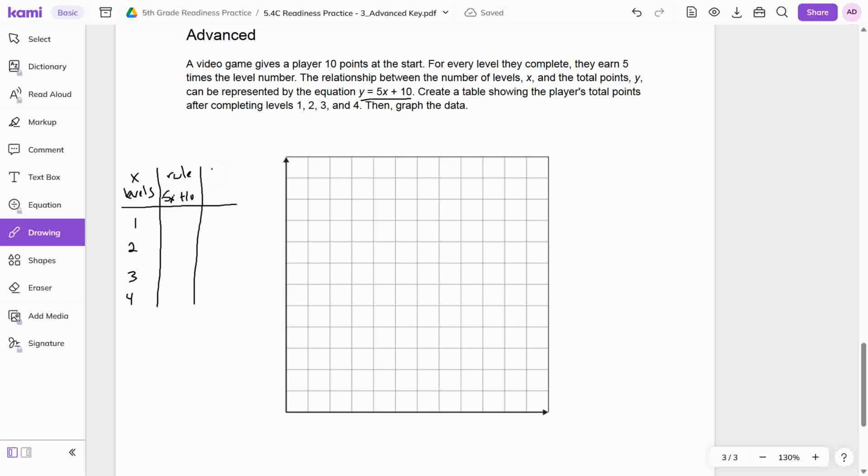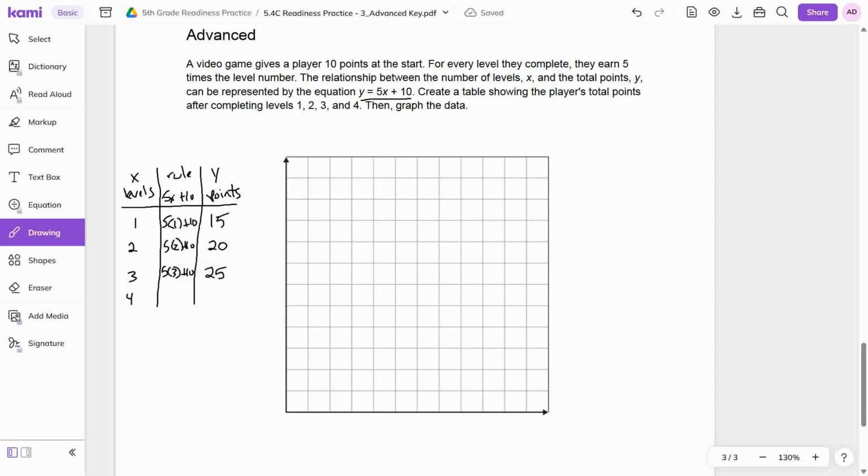And then our y value is going to be our points. So if we've got 5x plus 10, that's going to end up being 5 times 1 plus 10. So that's 5 plus 10, 15. Now we've got 5 times 2 plus 10, that's 10 plus 10, 20. Now we've got 5 times 3 plus 10, that's 15 plus 10, 25.